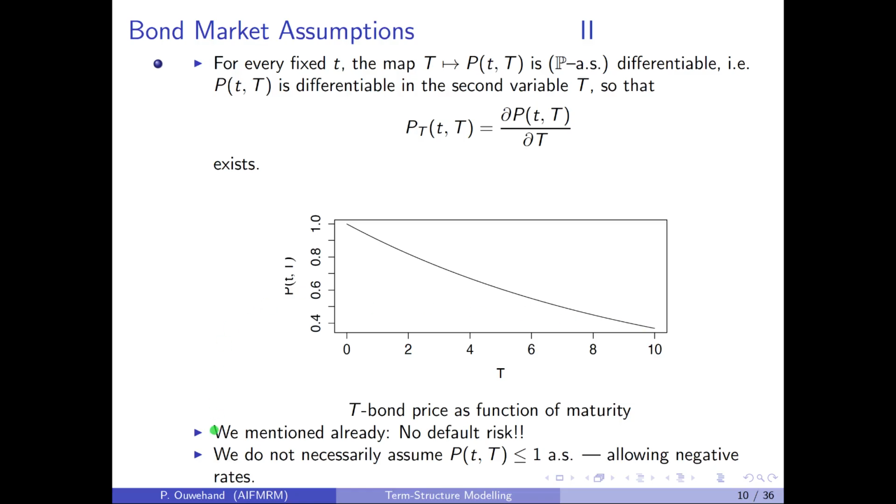As we already mentioned, there is no default risk. We do not necessarily assume that P(t,T) is less than or equal to 1 almost surely. In other words, we allow for negative rates in some of our models and therefore for mattress arbitrage. In actual fact, the bug of negative rates seen in, for example, Gaussian interest rate models has become a feature as interest rates became negative for long periods in Europe after the credit crisis.